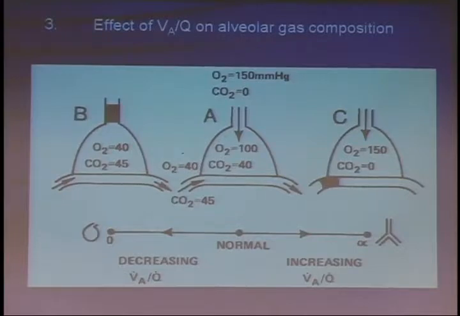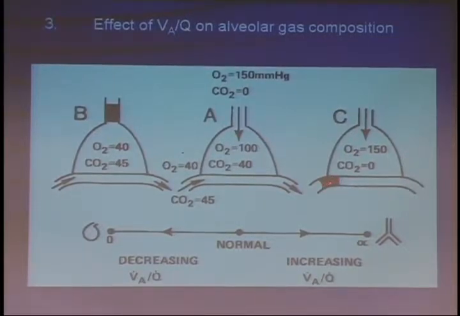Now, let's take the other extreme. Let's say that the ventilation to perfusion ratio is infinite or approaching infinity. In this case, we've got a real number in the numerator. We're ventilating this lung unit, but this depicts the blood flow being blocked.